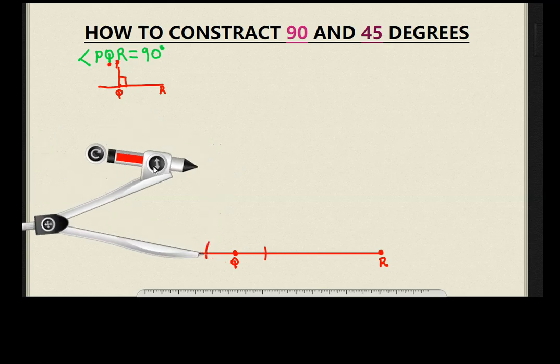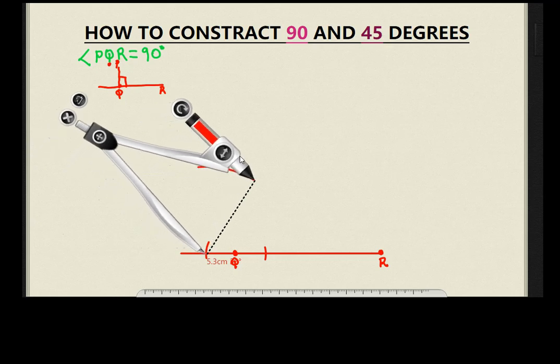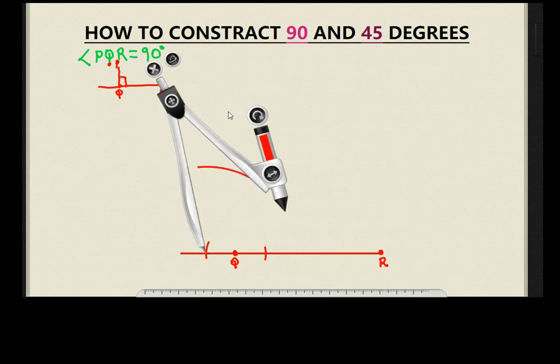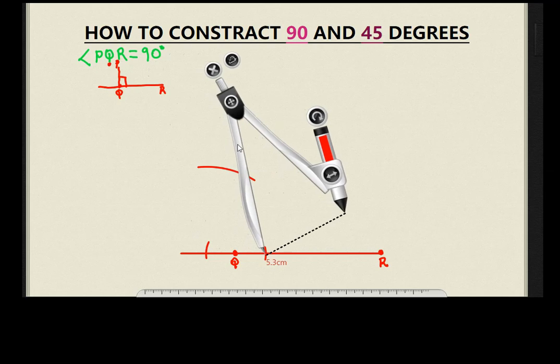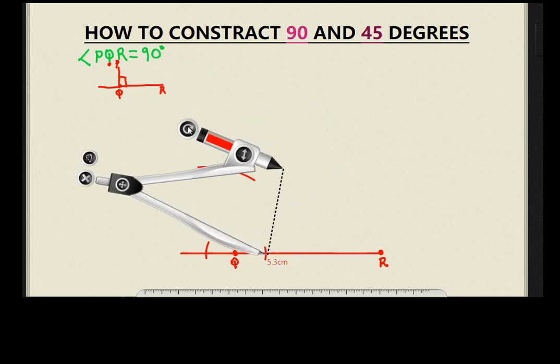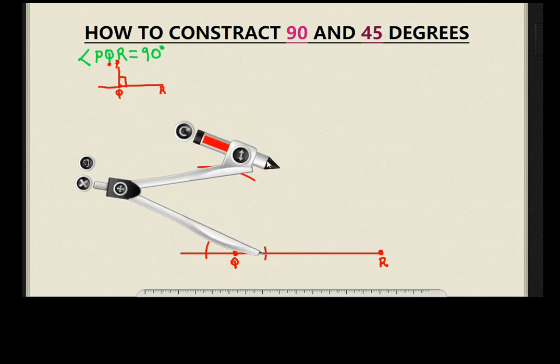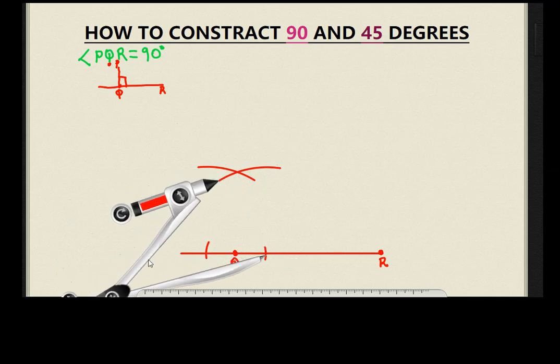I'll draw my arc like this, and then I don't change the radius. I transfer my compass to this other point where we had made the arc on the line, and now again I draw an arc such that it can intersect with the arc that we had drawn.